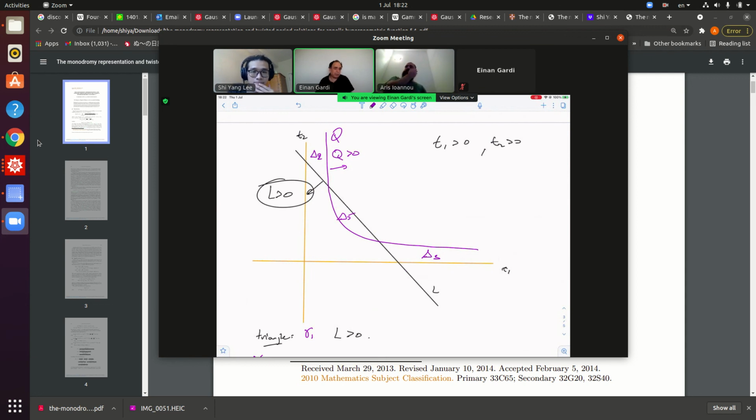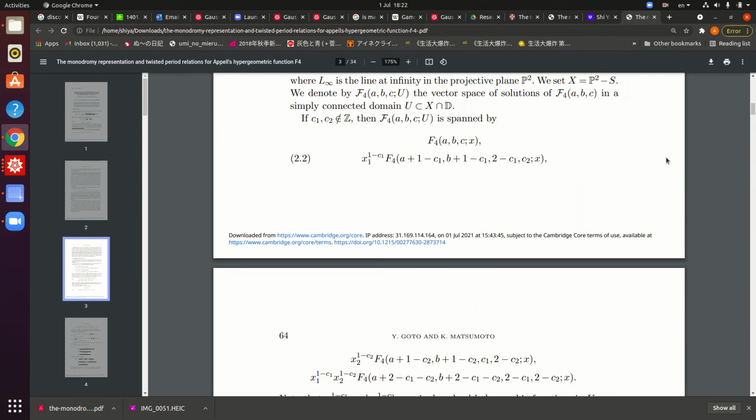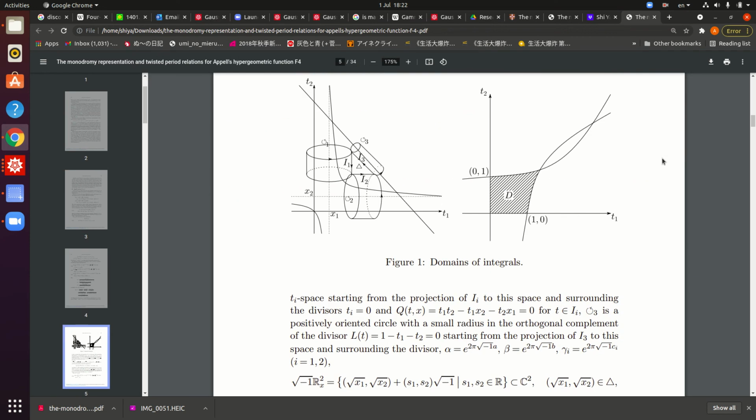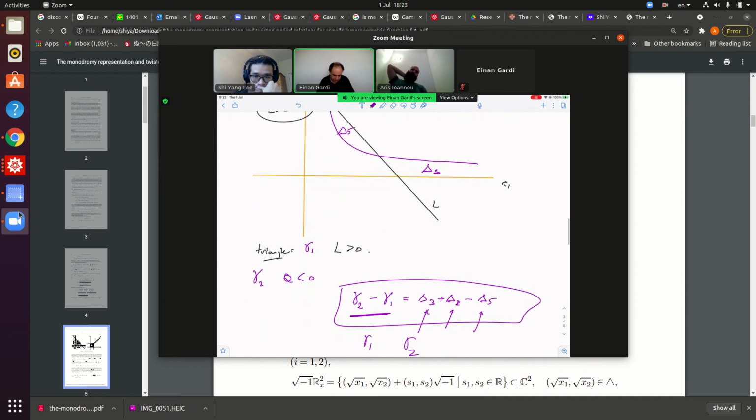What might be difficult is to use the region which is called delta 1, because that has this kind of complex boundaries. But the other regions are definitely easy to use. They are real. So essentially, the idea is to start with the integral expression of the triangle. The boundaries are clear. It's the area bounded by this triangle. It's what we call gamma 1, where L is positive, and T1 and T2 are also positive.